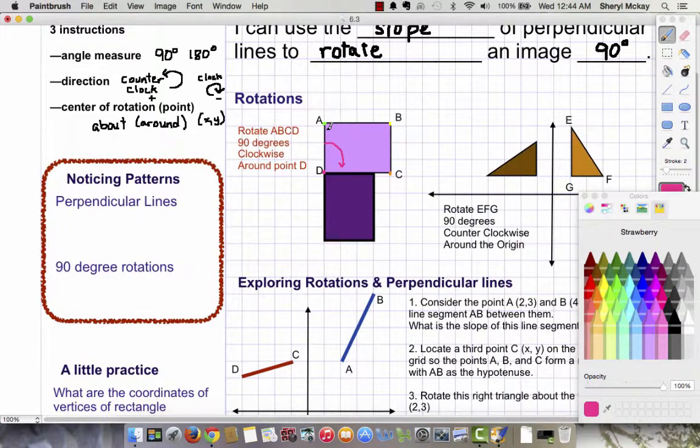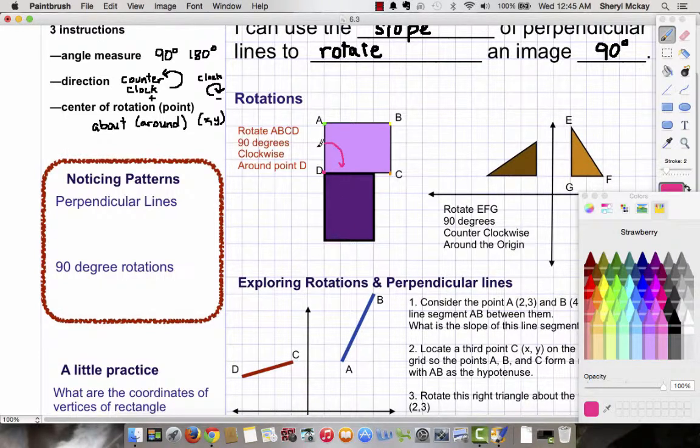It's like we took our finger or our pencil and held the light purple rectangle down at point D, but moved the rest of it like it was a playing card or something, and moved it around the circle, moved it down.